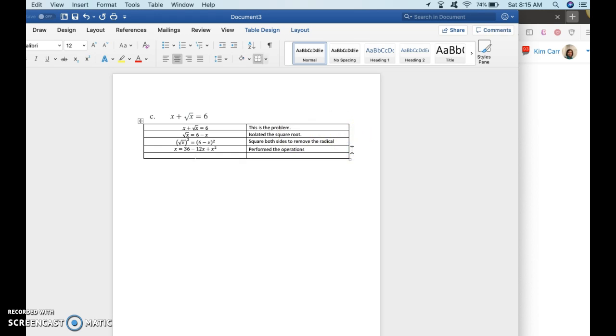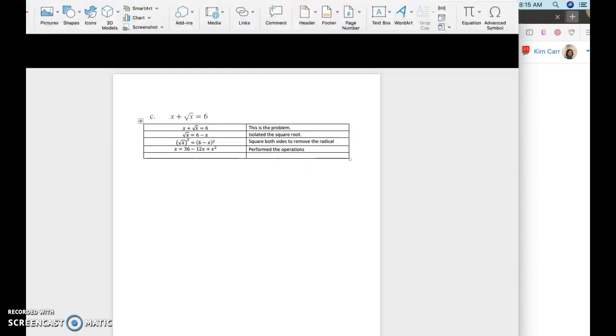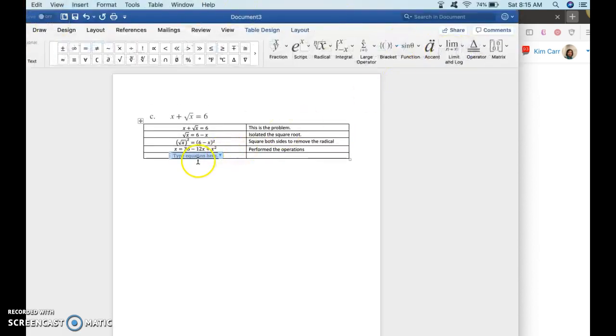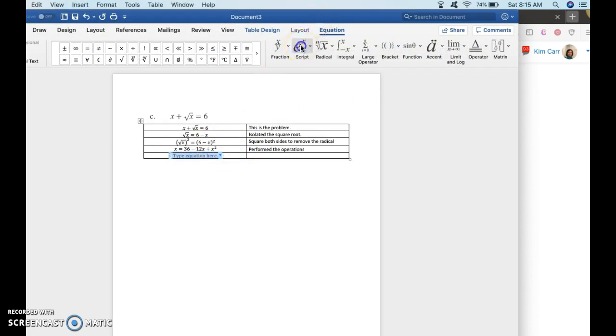Okay, now we're going to clean it up. We're going to move the x, so we will end up with x squared minus 13x plus 36.